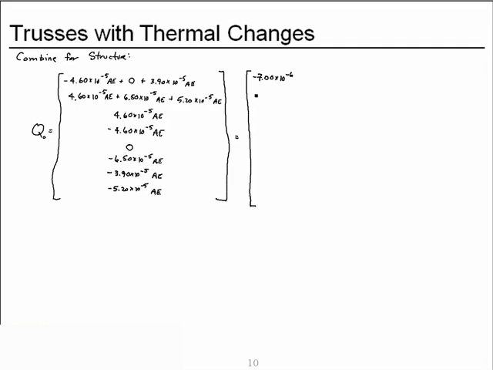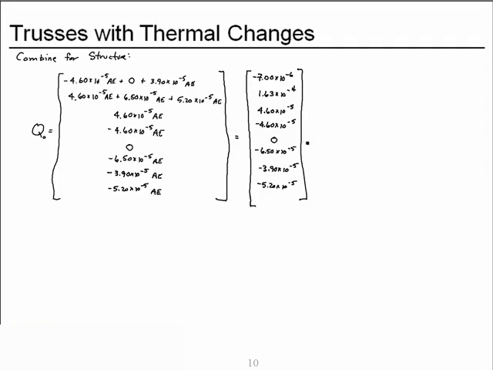These are all positive, and we get 1.63 times 10 to the minus 4, and then the others carry across: minus 4.6 times 10 to the minus 5, 0, minus 6.5 times 10 to the minus 5, minus 3.9 times 10 to the minus 5, and minus 5.2 times 10 to the minus 5.